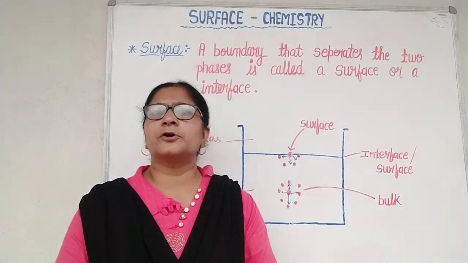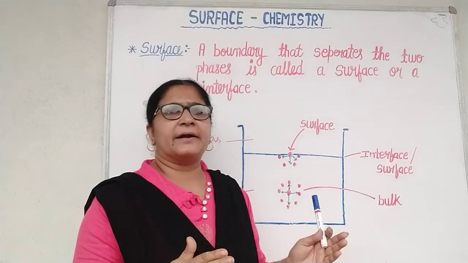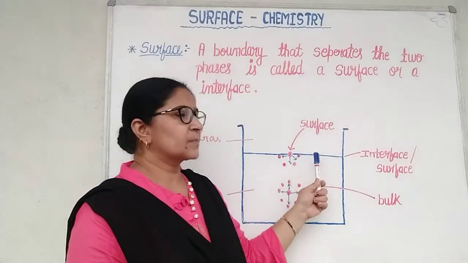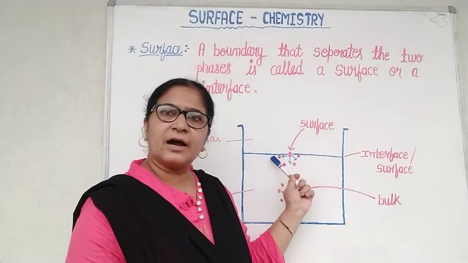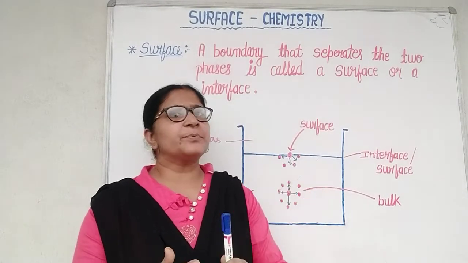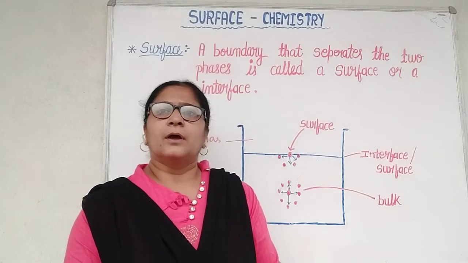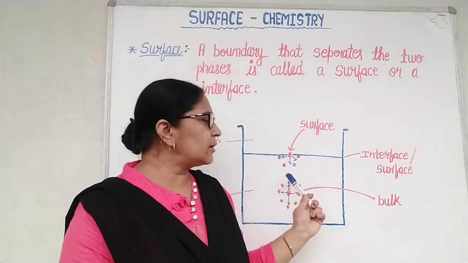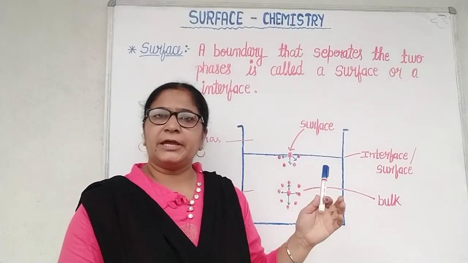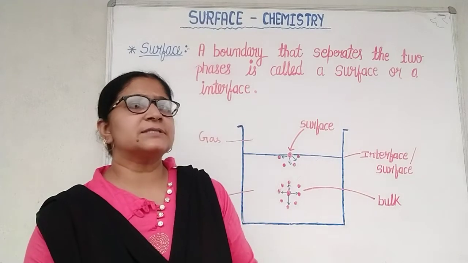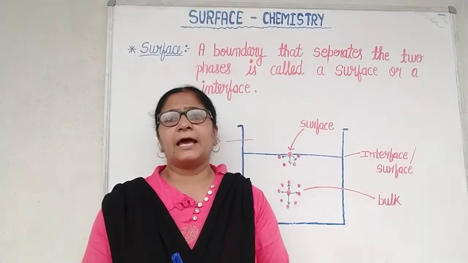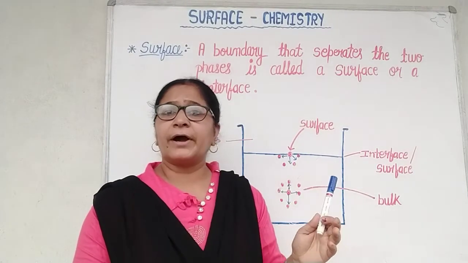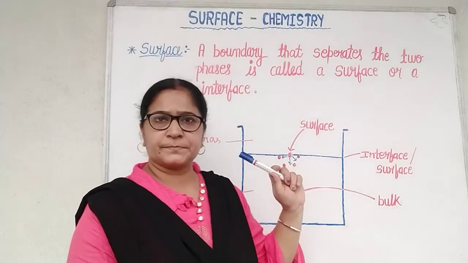As you could observe, this particle would be surrounded sidewise with other particles which are present over here, as well as the ones present at the lower part. So it would be surrounded at an equal distance, and they will have a force of attraction sidewise. But what about the upper face?